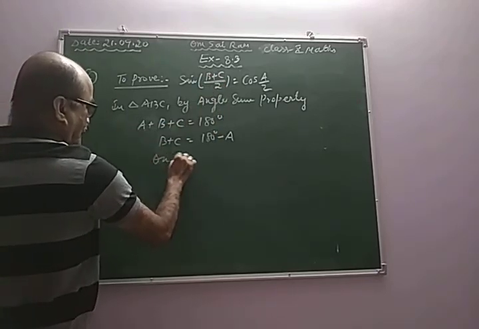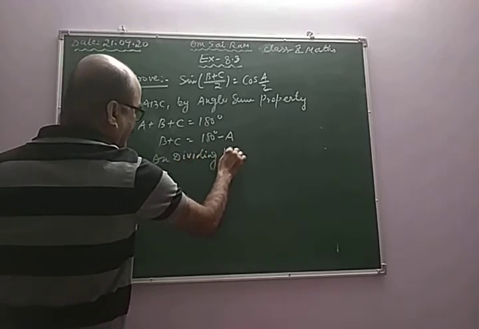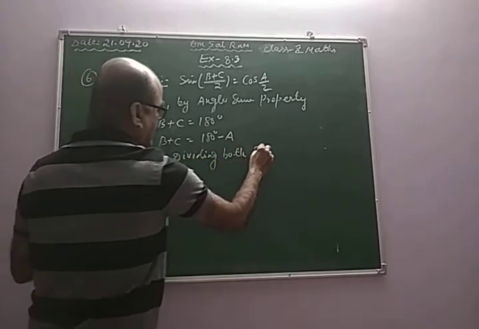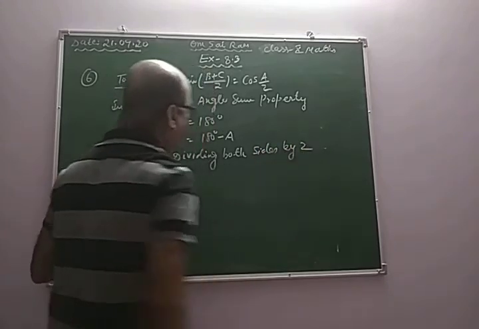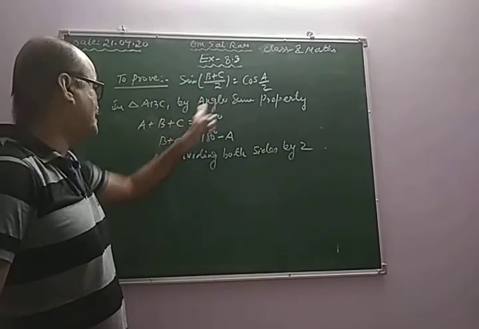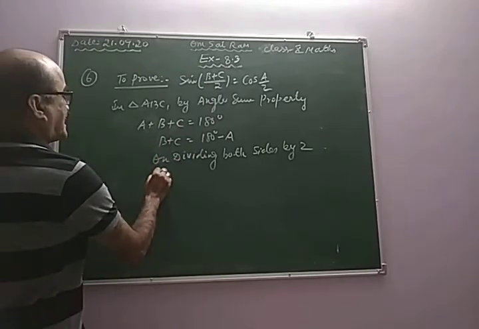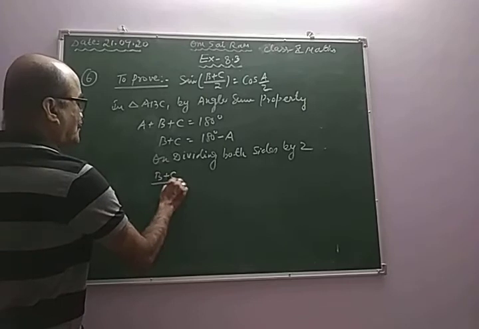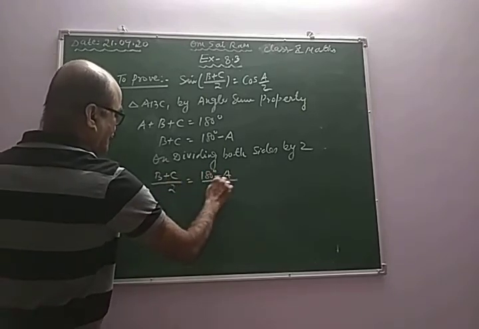On dividing both sides by 2, why are we dividing? Because we need B plus C by 2. So when you divide both sides by 2, B plus C by 2 will be equal to (180 minus A) by 2.